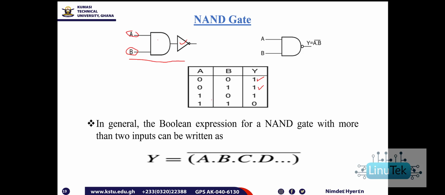Similarly, 1 and 0 would have been 0 if it were just the AND gate. But because it's a NAND gate, the output is complemented. So we would get 1. And then 1 and 1, which originally would be 1 for AND, now becomes 0 because it's a NAND gate.